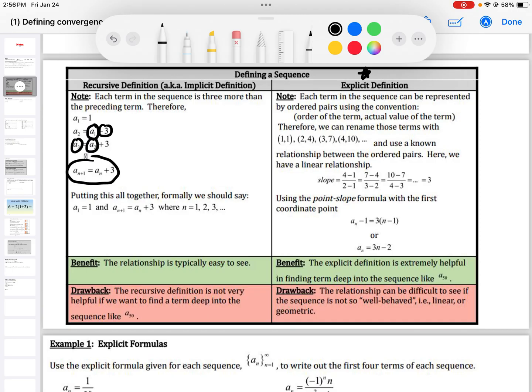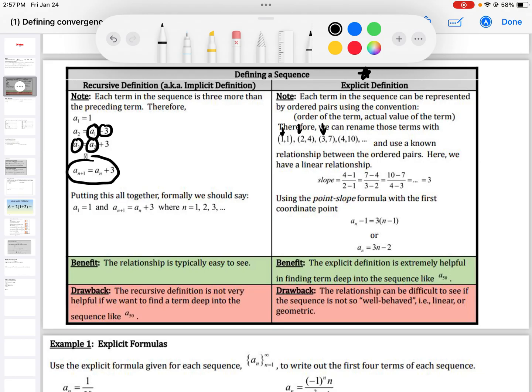Okay, explicit definition. Each term in the sequence can be represented by an ordered pair. So first term is 1, second term is 2, third term is 3, and then the actual term. When I look at this, I think of it almost like a function, right? Where the x's are just going to be 1, 2, 3, 4, not necessarily all the ones in between.